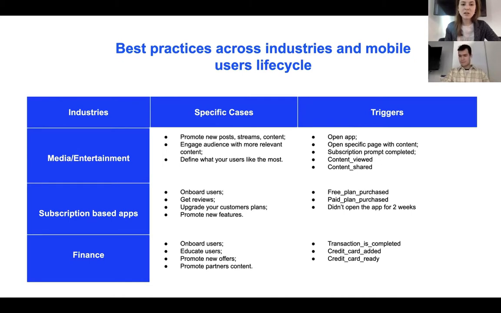In the second column, you see the specific cases where you can use in-app messages, and in the third column, the right one, you may see the triggers. These are basically the events that will trigger your in-app messages and increase the probability that users will be delighted with the message and will respond to the message you send them.